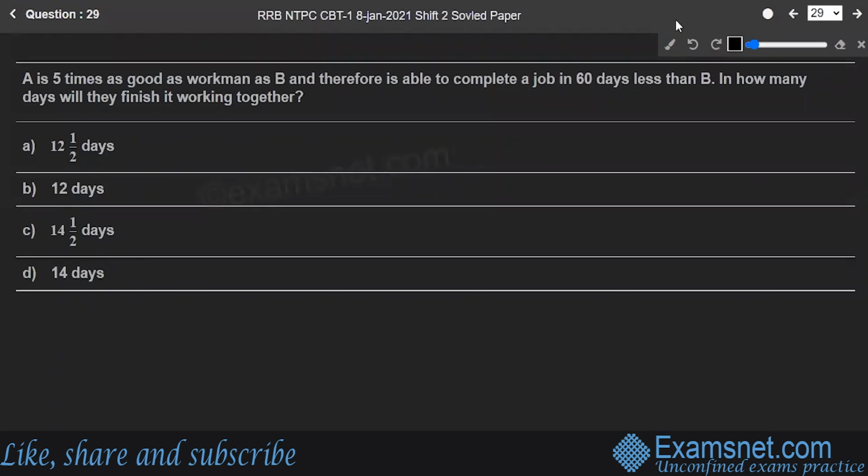Question number 29. A is 5 times as good a workman as B, and therefore is able to complete the job in 60 days less than B. In how many days will they complete the work working together?